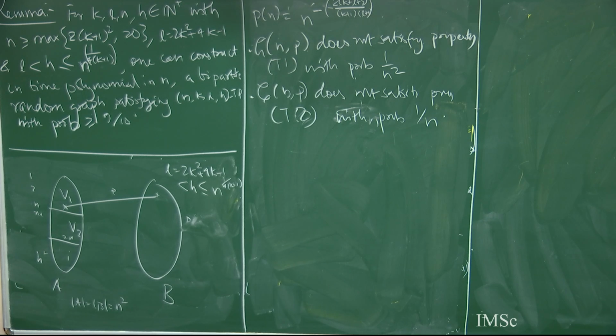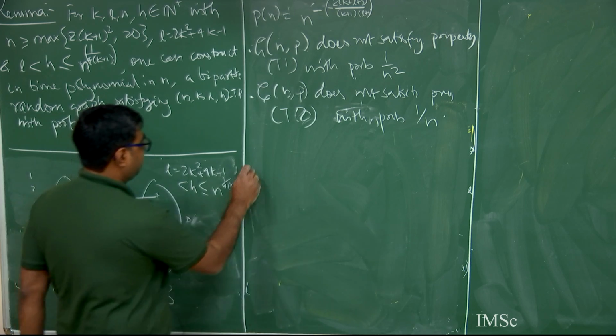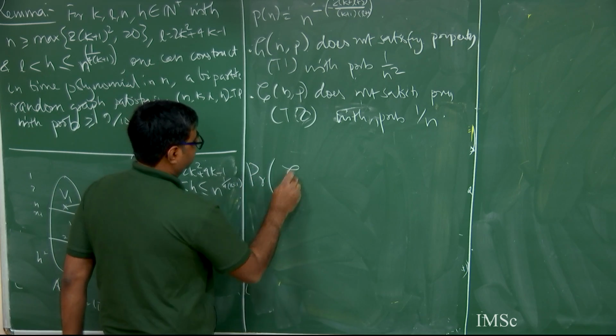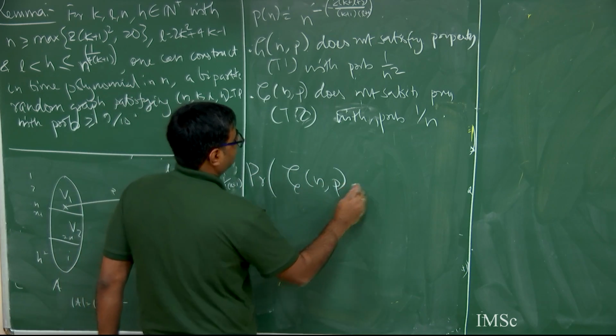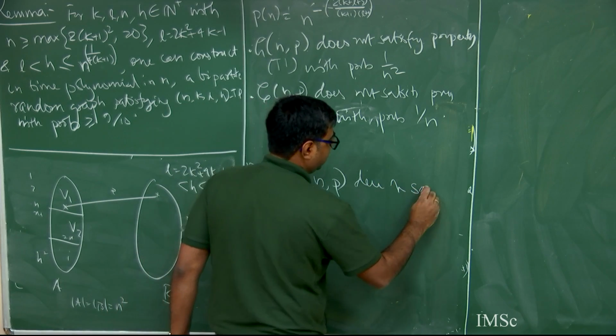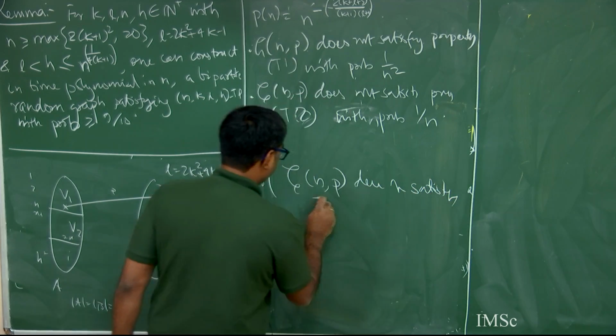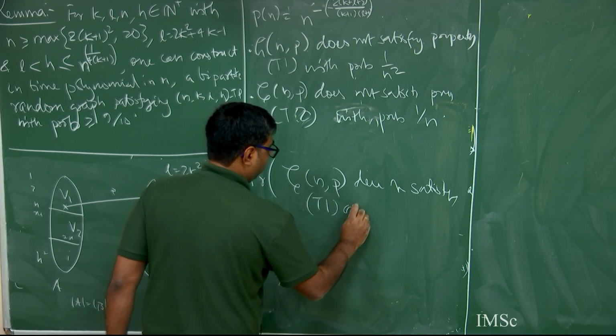Why? So let's look at that. Why, if we are able to prove this, will we be done? So what is the probability that G and P does not satisfy T1 or T2?